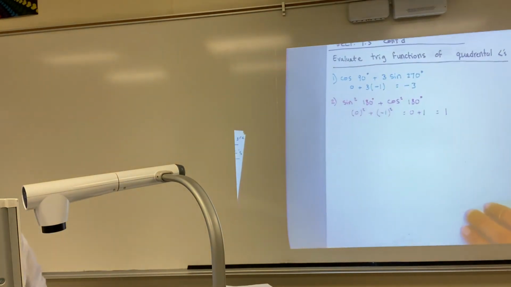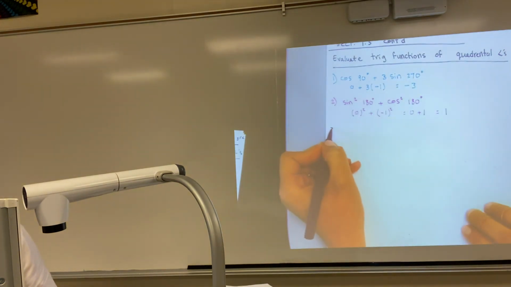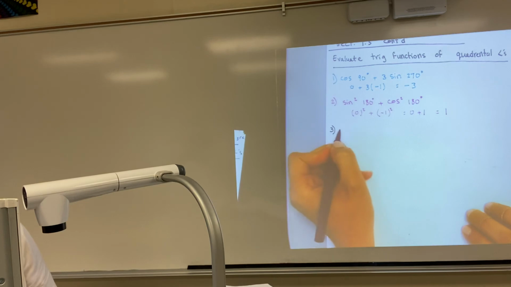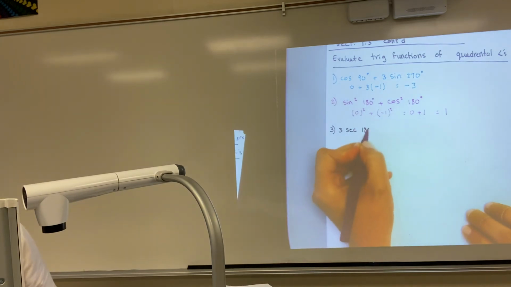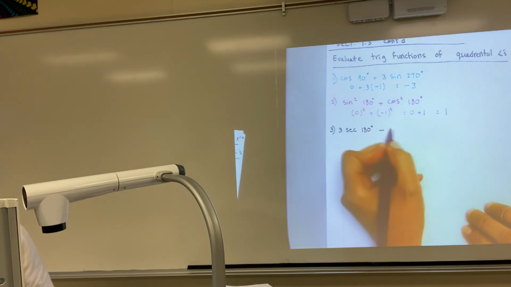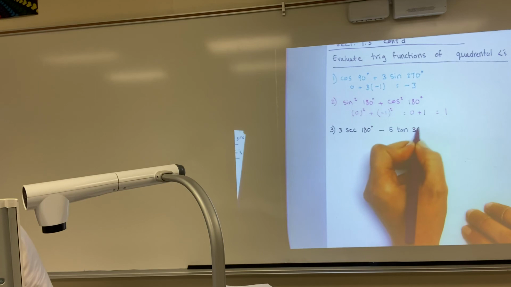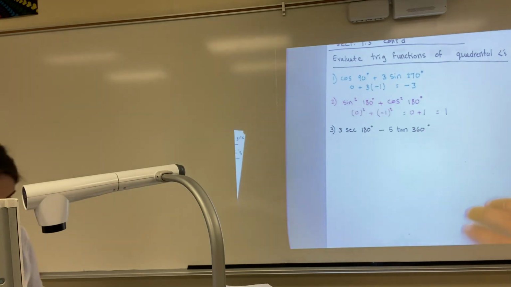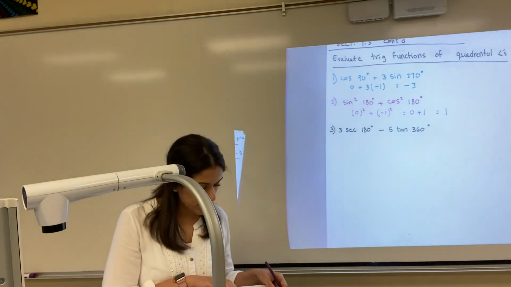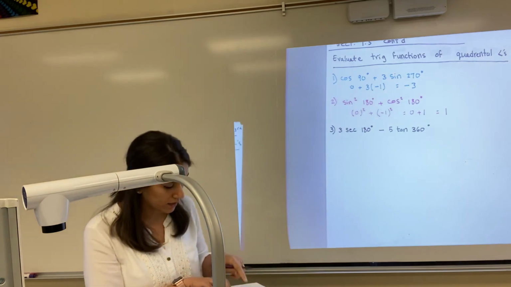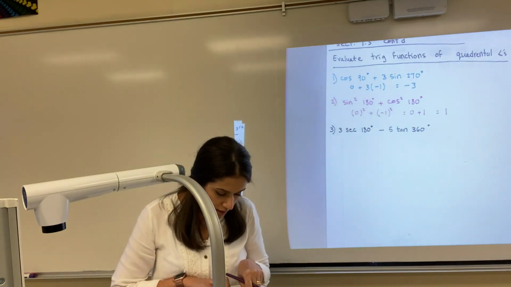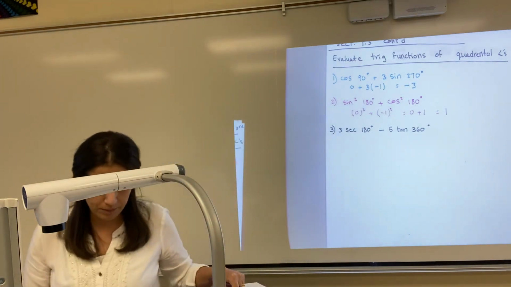And last one, number 3, 3 secant 180 degrees minus 5 tangent 360 degrees. Then we're going to look at the table. We see that secant 180 is negative 1.